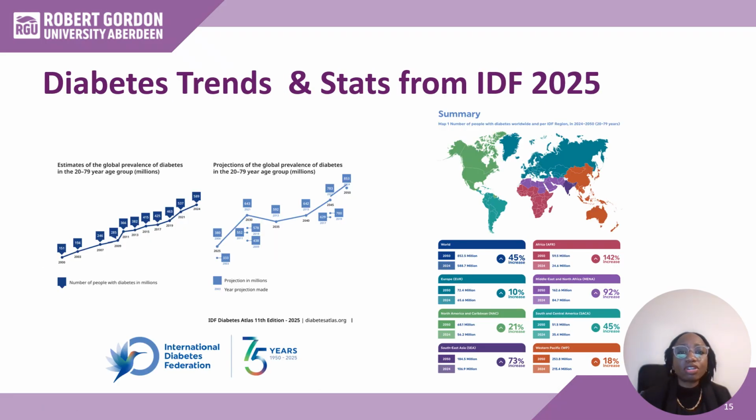So I thought I'll include this slide with the trends and statistics from the International Diabetes Federation, just to paint that picture that it is a global problem, and these are the statistics. And as you see, it's been rising year on year for the last many years, as listed on this slide. Something just for us to be aware of. Take a few moments to have a look at the slide.